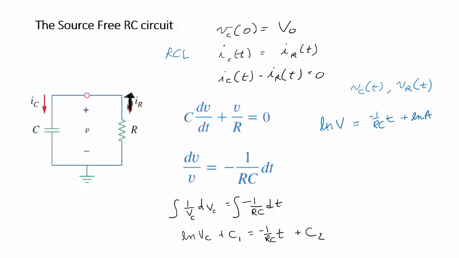So I have natural log of v minus natural log of a equals minus 1 over RC t. So natural log of something minus natural log of something else, from our math rules, this is an a, equals minus 1 over RC t.